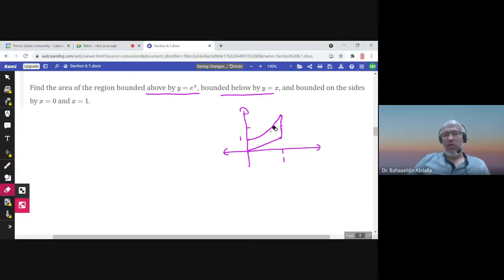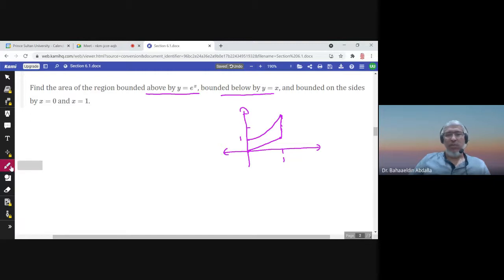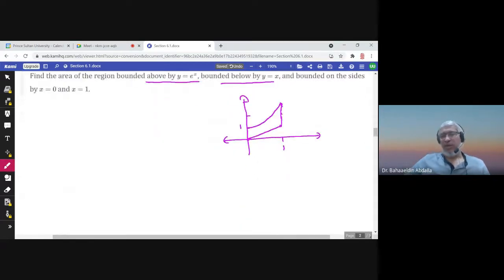Well, let us draw one rectangle in this region. We call it a typical rectangle. A typical rectangle would be a rectangle like this.